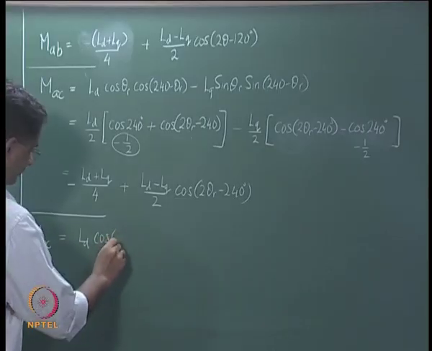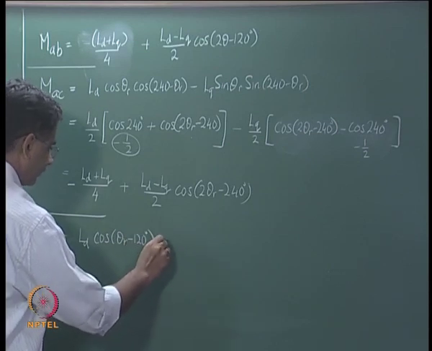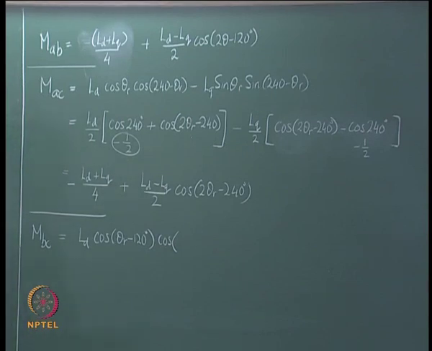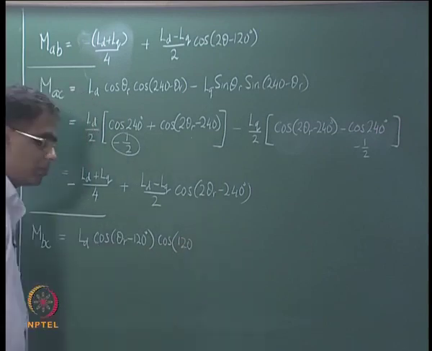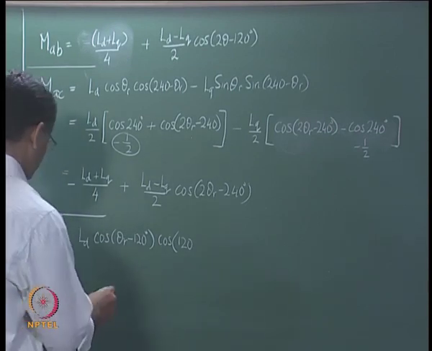Therefore cos of theta r minus 120 degrees into cos of delta minus theta r, delta is 120. So 120 minus theta r is now theta r minus 120.